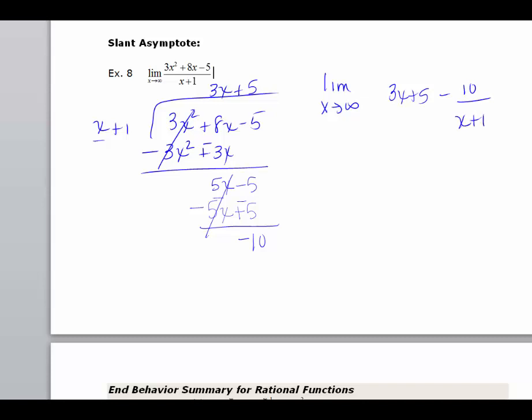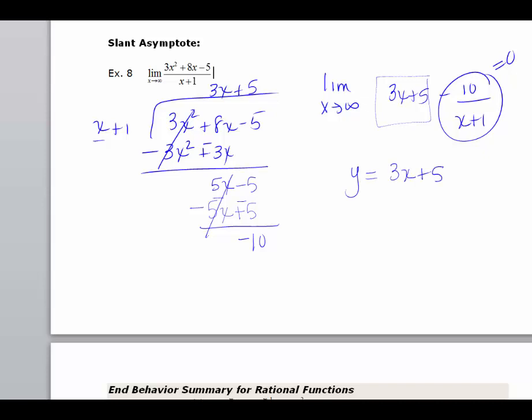And so what ends up happening here is that this portion of the expression is going to go to 0 as x goes to infinity. And what's left here is the behavior of the function. The function itself, as x gets really, really large, is going to behave like the line 3x plus 5. So the slant asymptote would be y equals 3x plus 5.